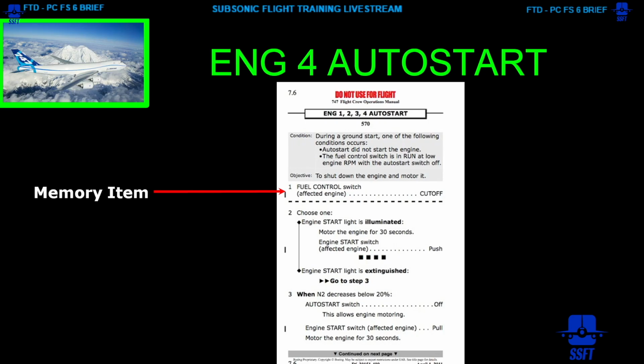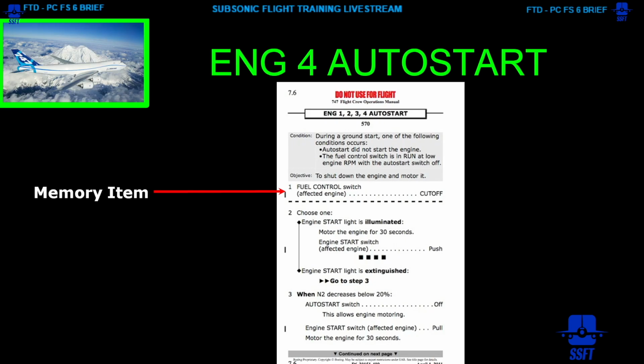And so that's why we have aborted engine start checklists, even if we have an auto start airplane, because auto start doesn't monitor everything. It does monitor a hot start, a hung start, a no light off. It's monitoring a lot, but it doesn't monitor N1 or oil pressure. And so we would have to take action via the aborted engine start procedure, which includes the same memory item you see here. And then we go to that checklist instead of the engine auto start checklist if we had no N1 or no oil pressure.